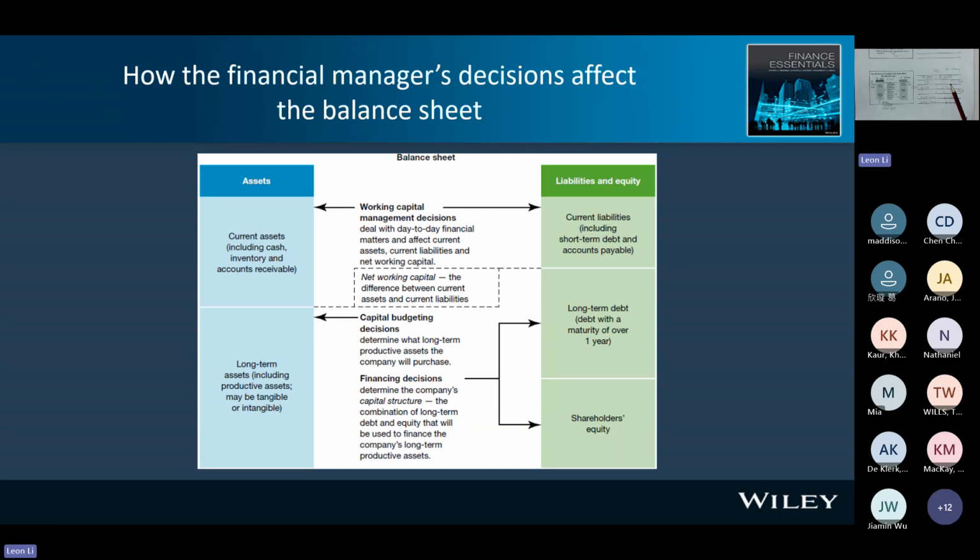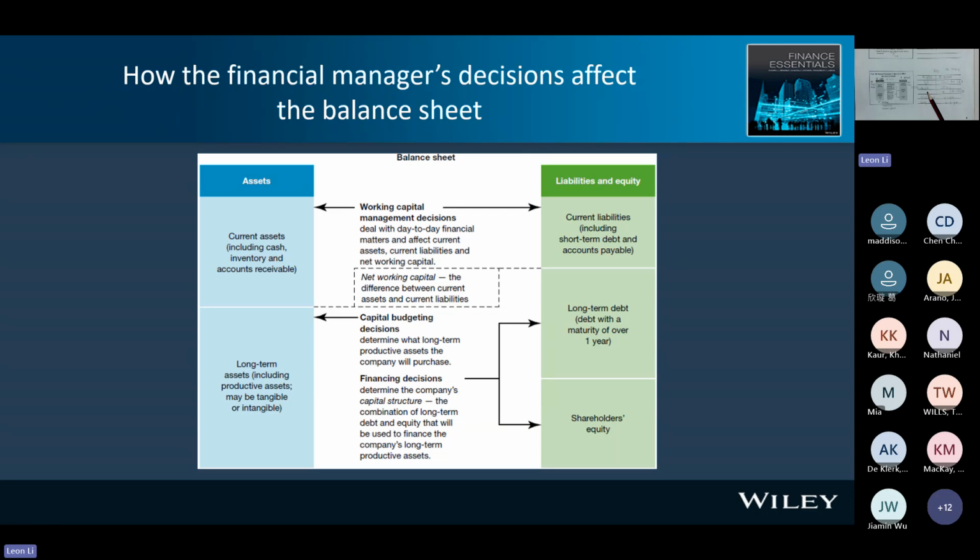Short-term liability, or long-term debt, or equity. How do we use our money? We use our money on the asset. We have CA. CA stands for current asset. Again, current means short-term asset. And fixed asset. Fixed asset is long-term asset.